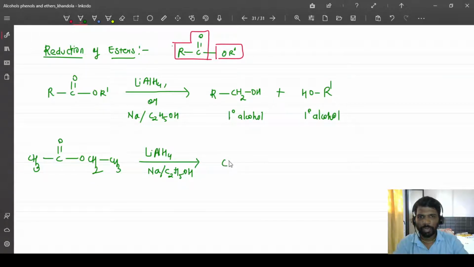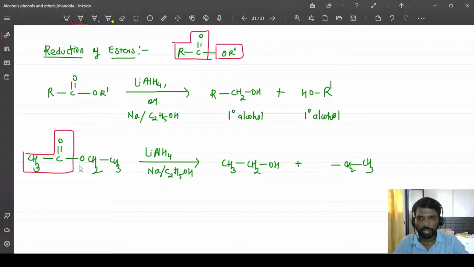So the alcohol I will be getting is CH3, this part, and then the next carbon, one more carbon is there, that will change to CH2OH. And the other alcohol I will be getting is CH3CH2, just connect H over here, that is O and H. The name of the alcohol is ethanol, and in both the cases I am getting ethanol only.